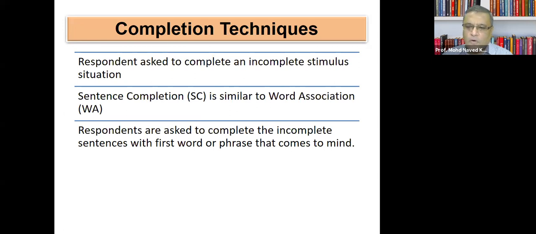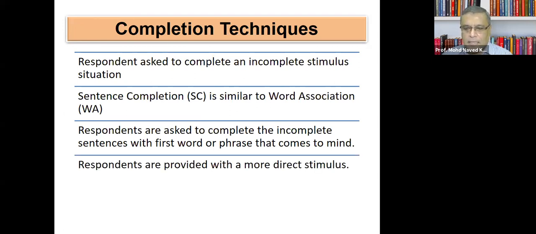In case of words, at times there may be difficulties in understanding, from the point of view of the respondent, as also as far as interpretation is concerned. So some of the researchers feel that we should go in for these completion techniques, and you provide a more direct stimulus to the respondent.